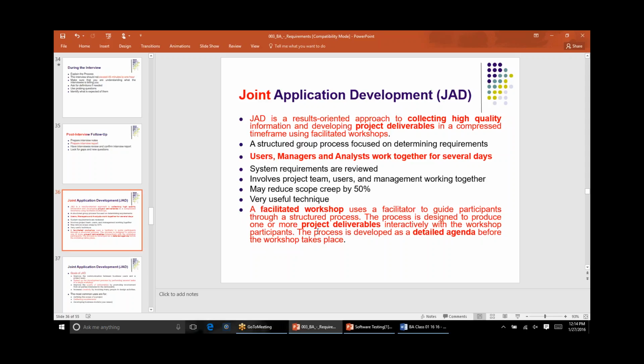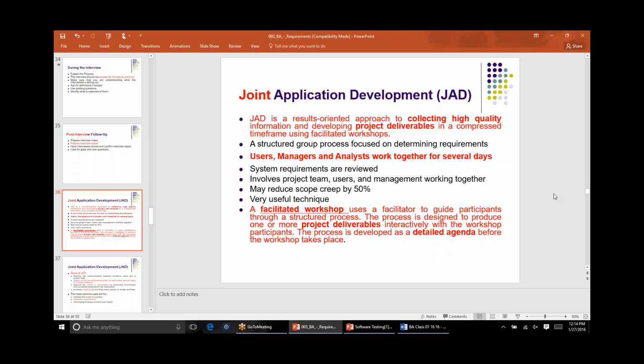One of the very important parameters here, which I mentioned in the last bullet point which I asked you to make a note of, is facilitated workshop.